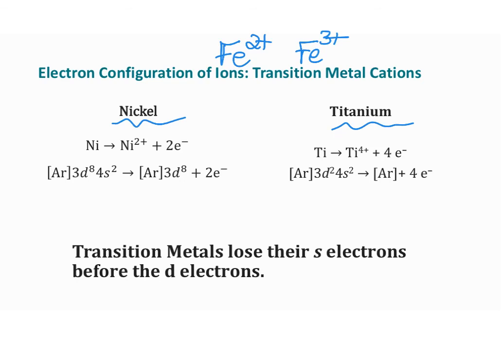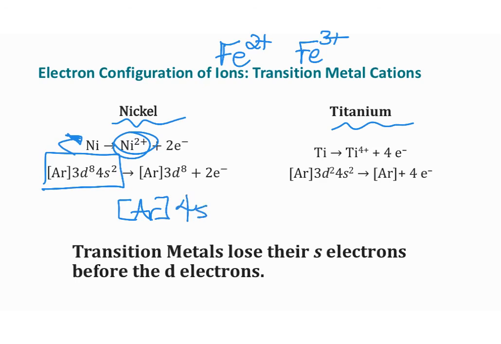But the one thing I want to point out here is look at the electron configuration for neutral nickel. So what if I told you to write out the electron configuration for nickel +2 ion? Let me back up for a sec. If you were to write out the electron configuration for nickel, most people write it like this.